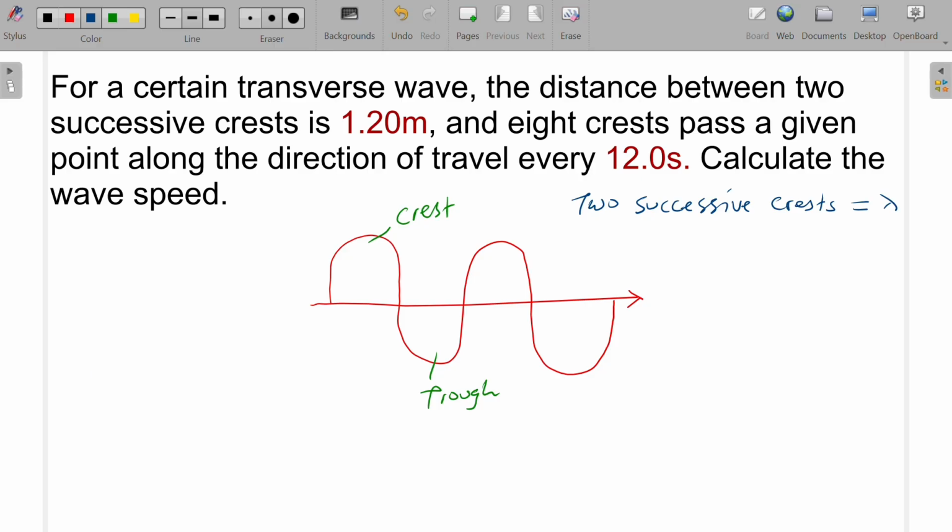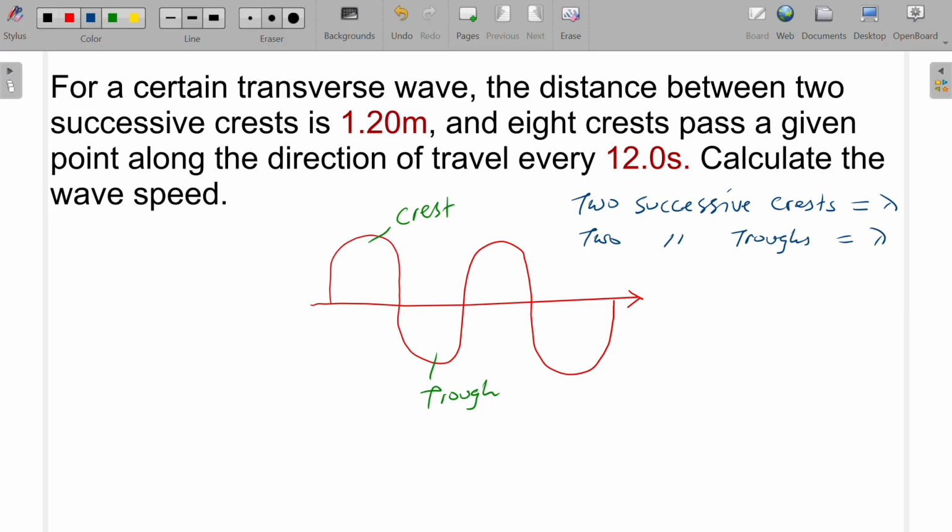Wavelength is given by the symbol lambda. And when we are told we have two successive troughs, this is also equal to wavelength.